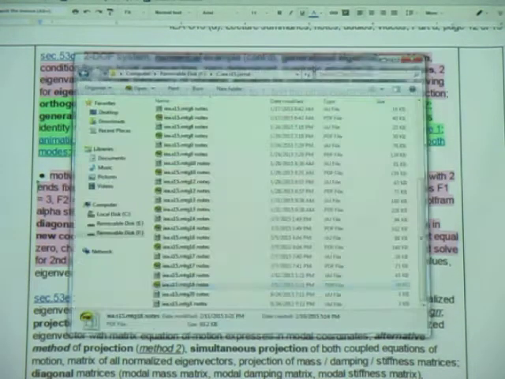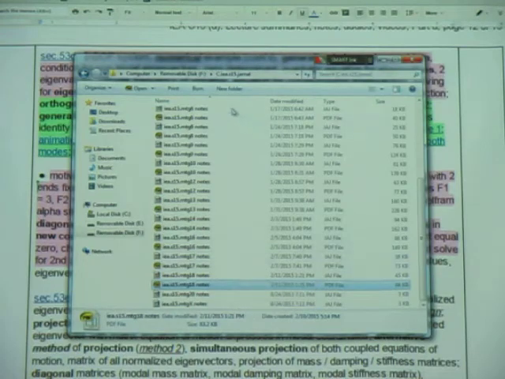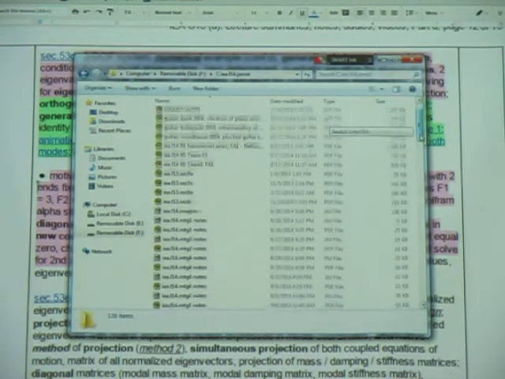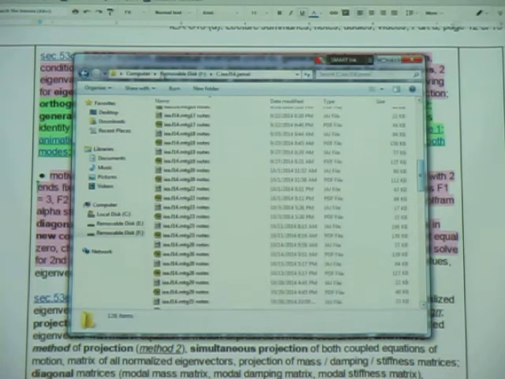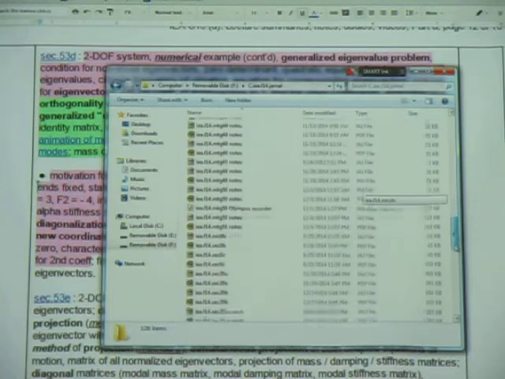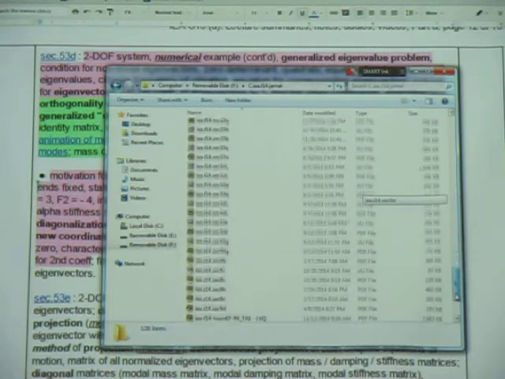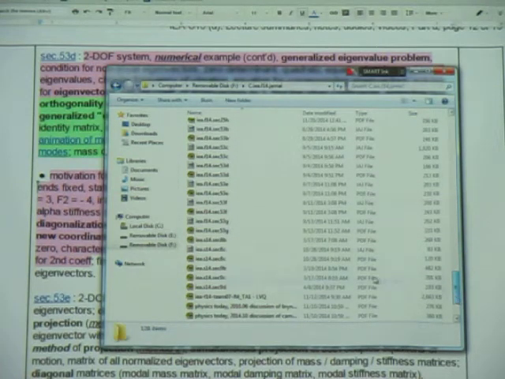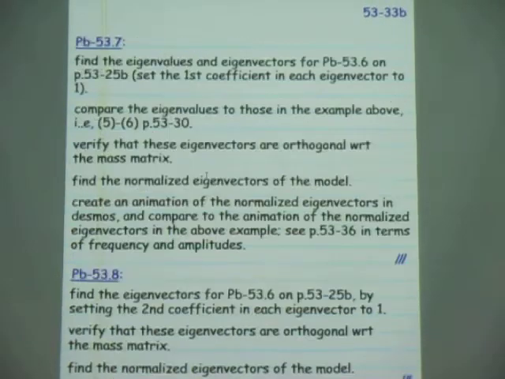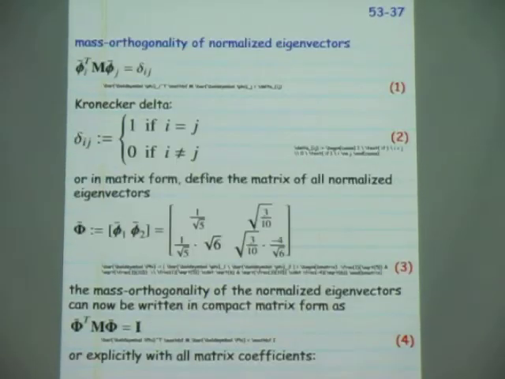So let me bring up section 53D and then E. Okay. So we just have a little left from section 53D. So let's finish that up at the end. So the animation is done. I have done this part.